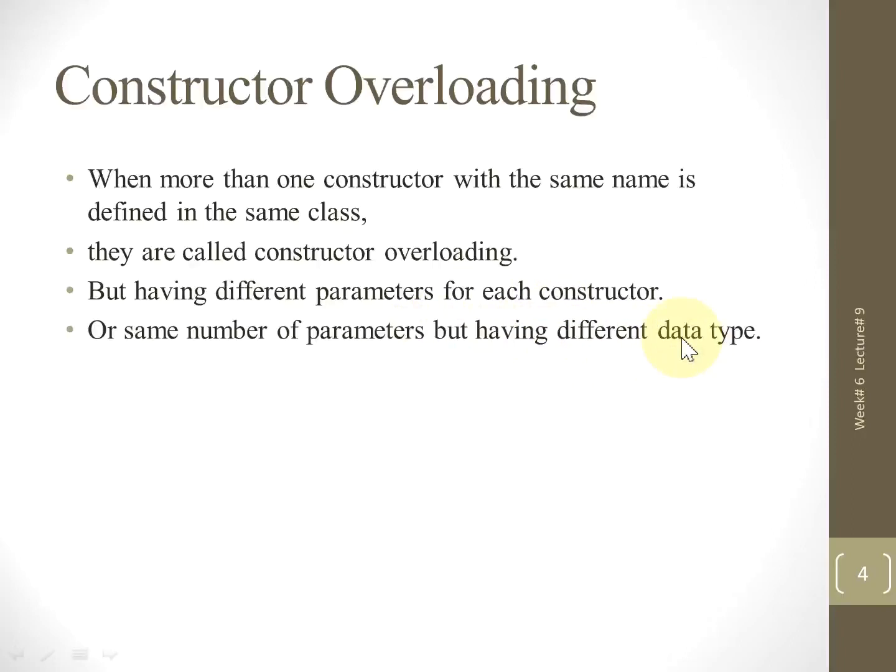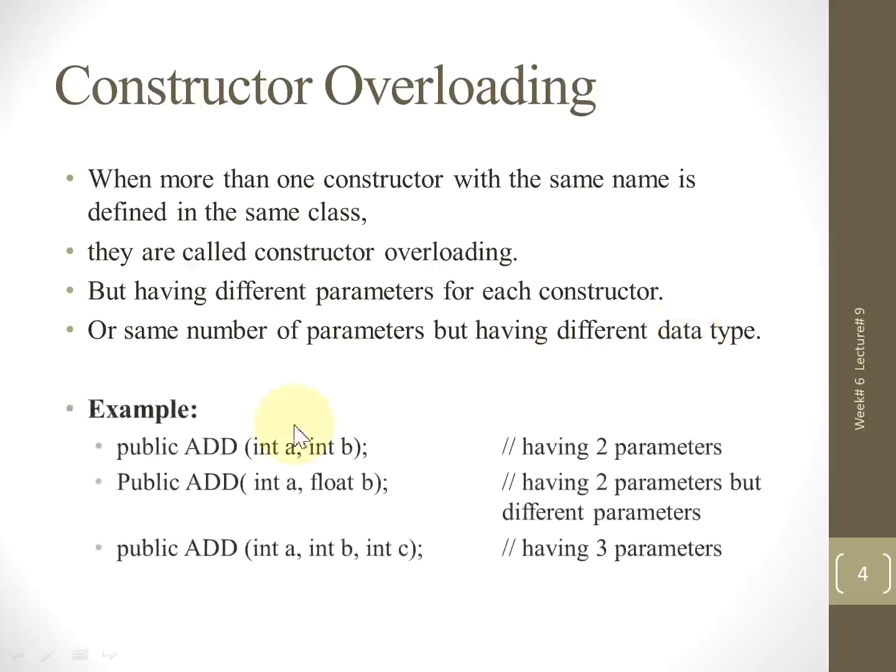What does it mean? I will show it in an example. Within the example, first we have a constructor function with a public specifier, and aid is the name of the constructor. It means the class name and the constructor name are the same. We are receiving two parameters, and we also have a second public constructor with the same name as the class name.